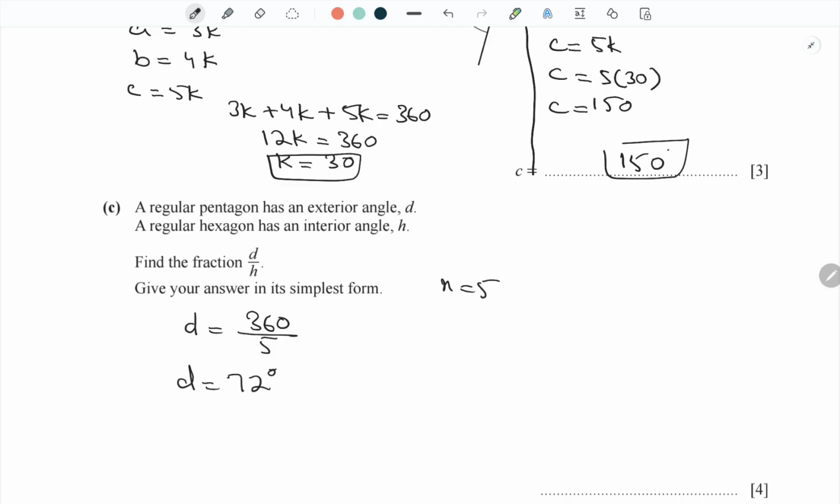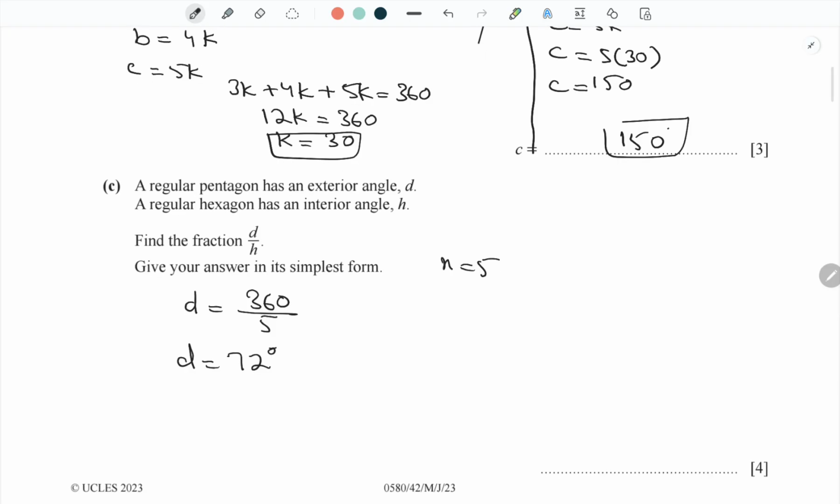Okay, now we have the hexagon. The hexagon has 6 sides, so n equals 6. We do the same for the hexagon.